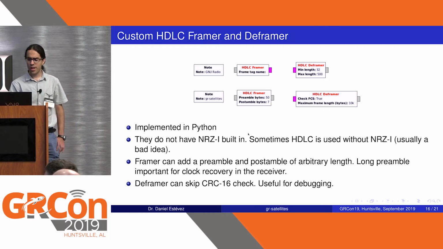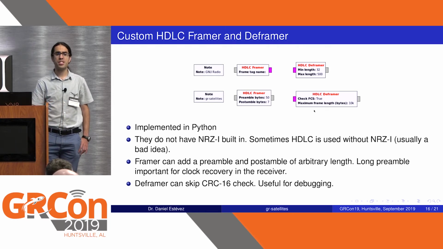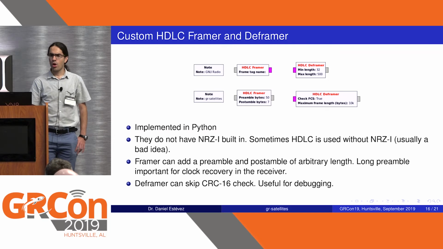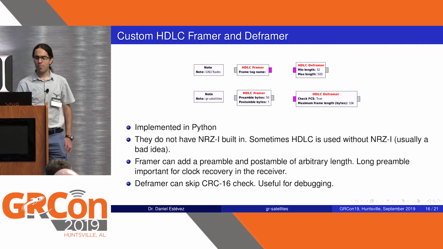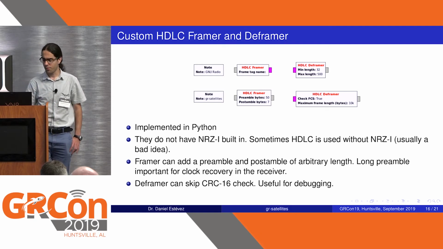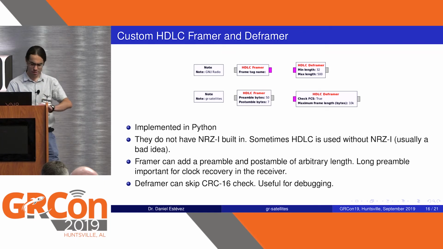For the deframer, the main new feature is that you can skip the CRC checking. So, of course, you'll get a lot of garbage, but when debugging things, it is sometimes useful to disable the CRC check. For example, there are some satellites where the CRC endianness is not correctly implemented. So it is useful to look into that.